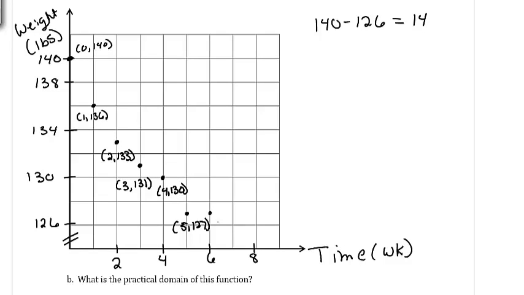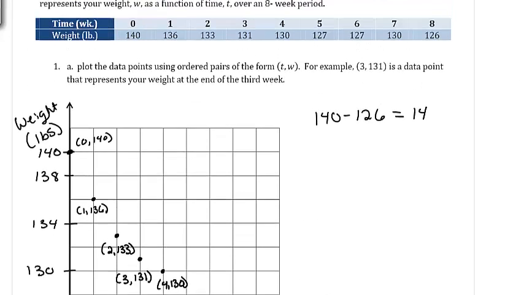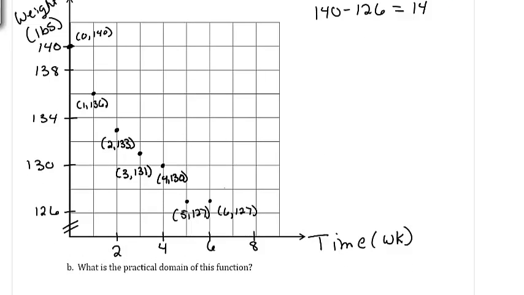And then we had 6, 127 was the next data point. And then at week 7, my weight was 130. And then at week 8, I'm down to 126. So there are all of our data points plotted on our graph.